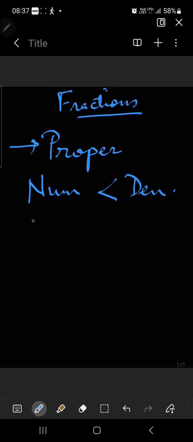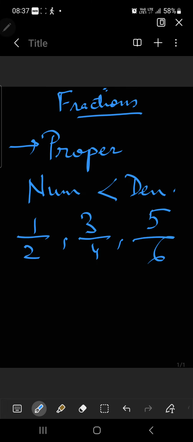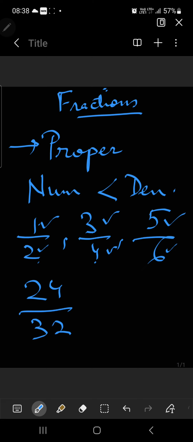So if I write 1 by 2, 3 by 4, 5 by 6, what do you see here? Your numerator figure, which is this one, is less than your denominator figure. 1 is less than 2, 3 is less than 4, 5 is less than 6, 24 by 32. 24 is less than 32.